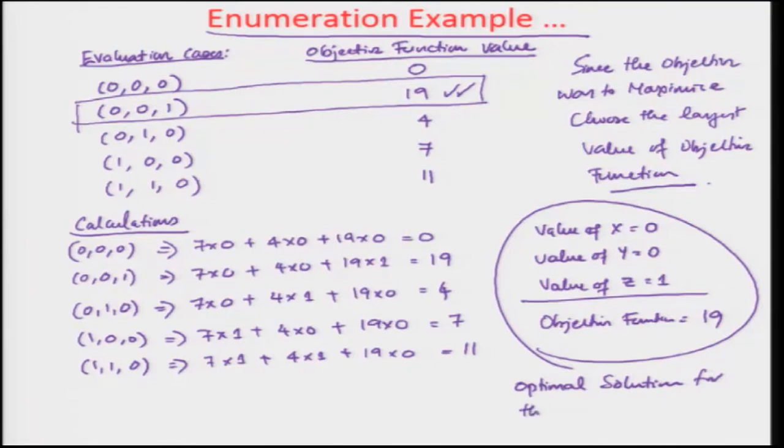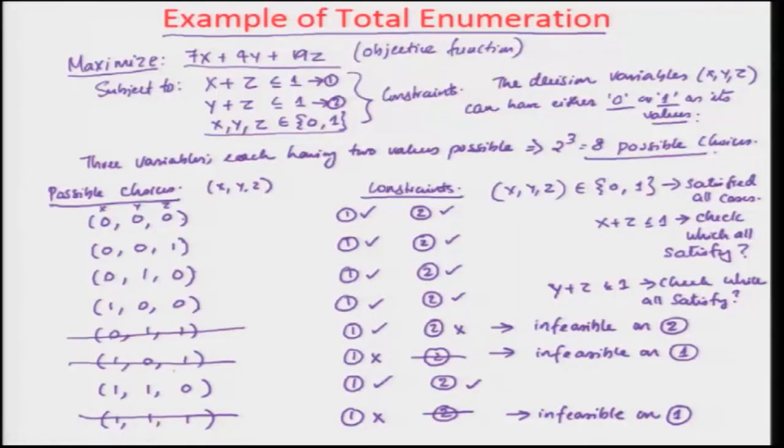This is the optimal solution for the problem. Depending on the constraints, we have already seen that we eliminated infeasible solutions. These are all infeasible. So, we eliminated them using both constraints, and then only the remaining ones were worked out to find out what the best possible solution is.